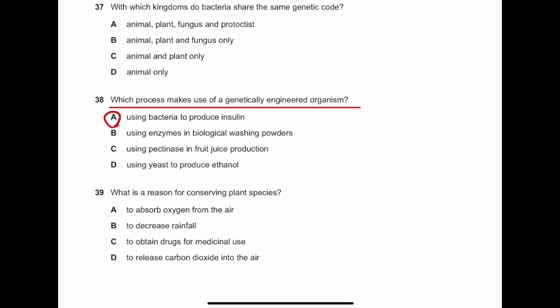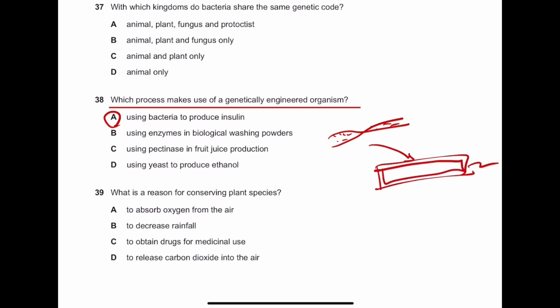So genetically engineered organism means that the gene from one species is taken out and inserted into another species to produce a desired product. Okay?